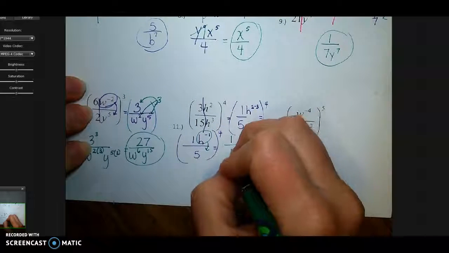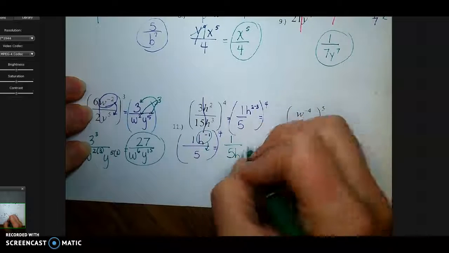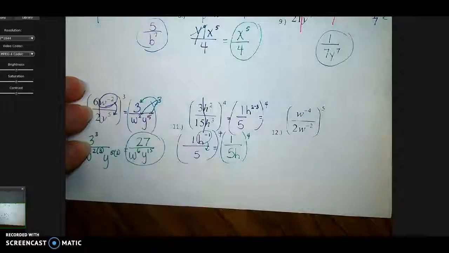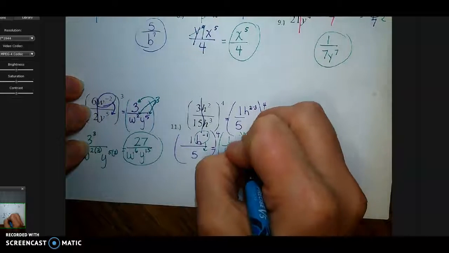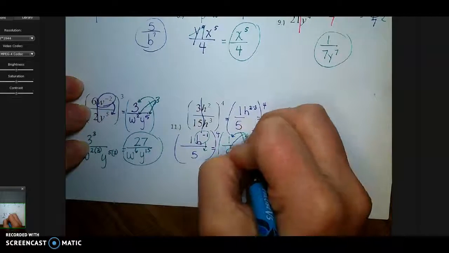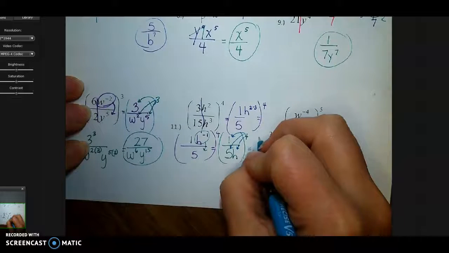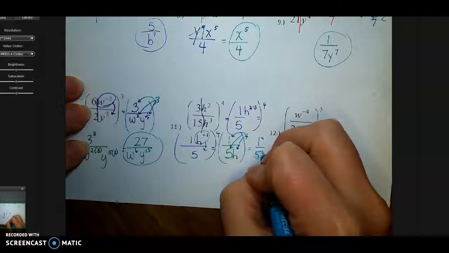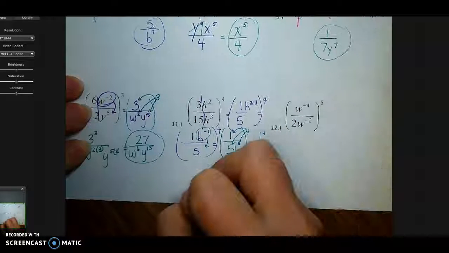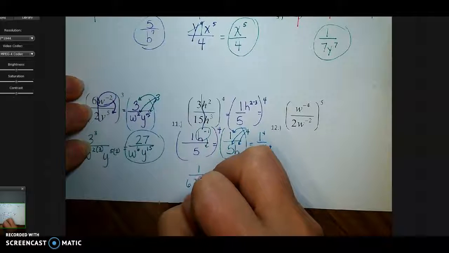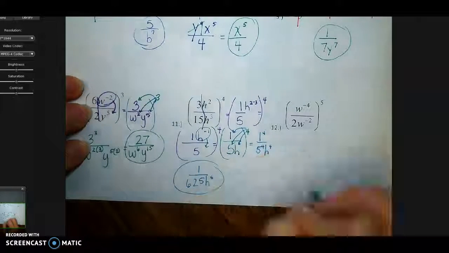So I get 1 over 5h, because it'd be h to the 1st power, but I just don't write that. Now I got to do this to the 4th power. 1 to the 4th power, 5 to the 4th power, and h to the 4th power simplifies to 1 over 625h to the 4th.